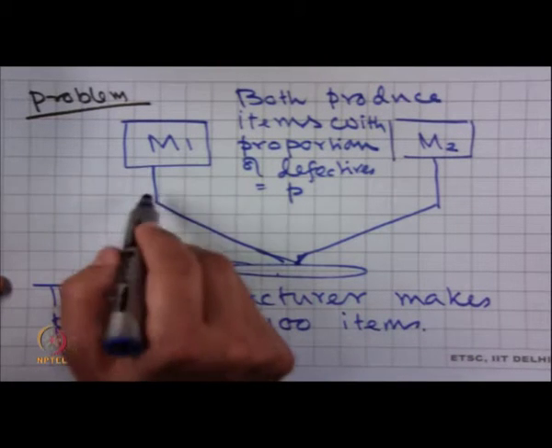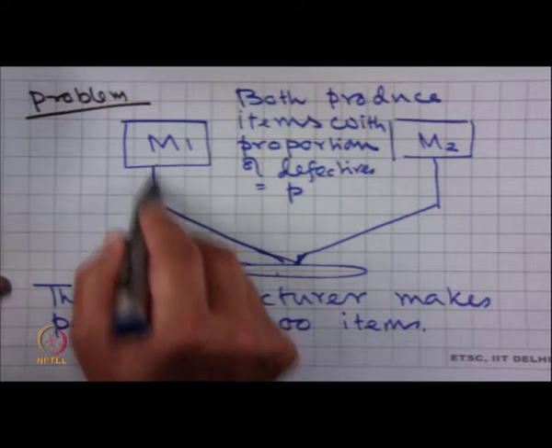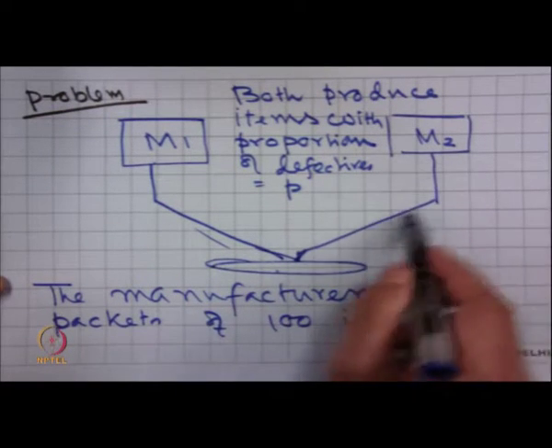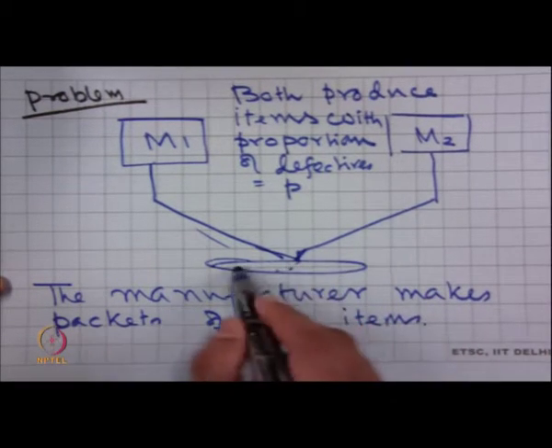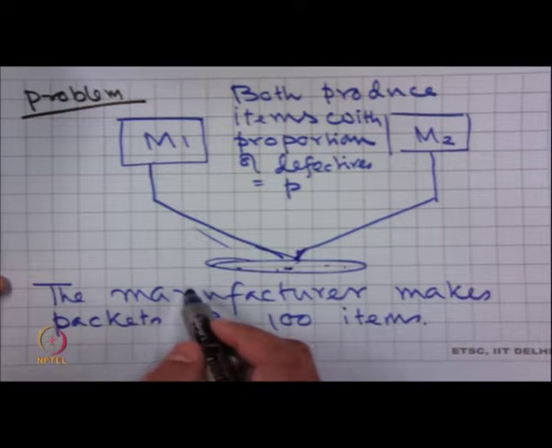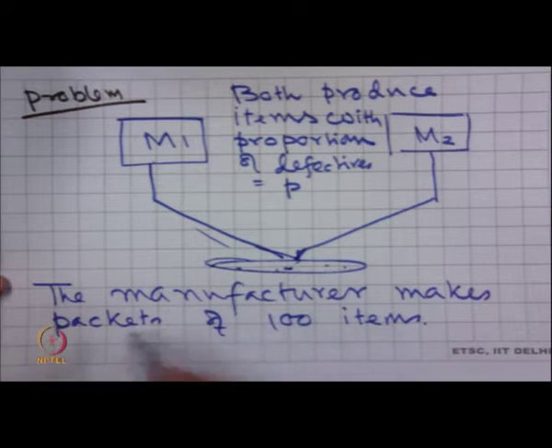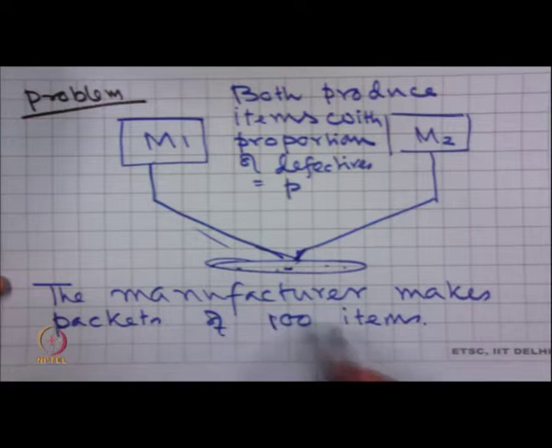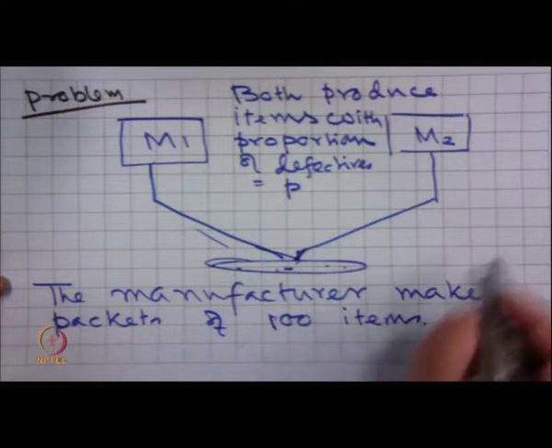So, items being produced by machine 1 and machine 2 are coming to the common pool. From there, the manufacturer is taking 100 items and making packets.